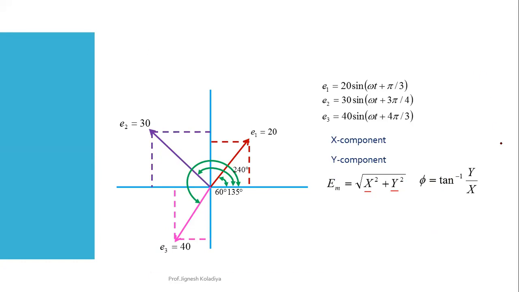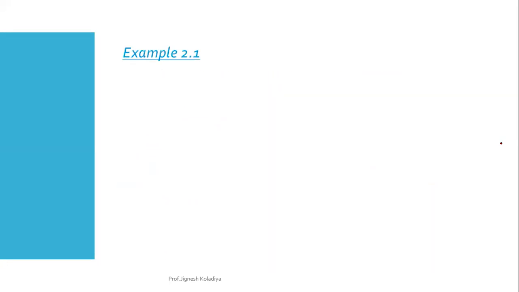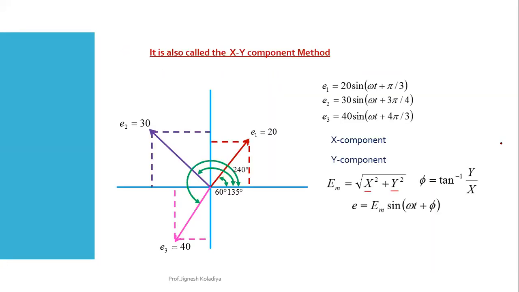Next time we will solve the numericals based on it, so that you will get the more idea. And most of the time we will focus on the xy component method, or method of component, because for multiple vectors this method will be very easy. And in the exam, if the method name is not specified, then I will suggest to solve the numerical with this method only, right?